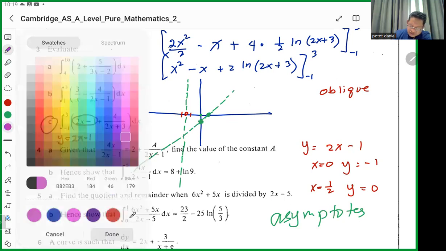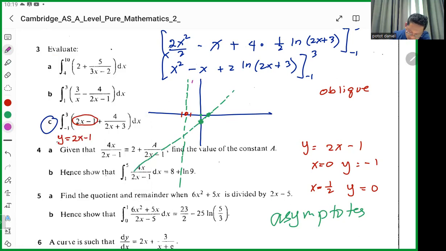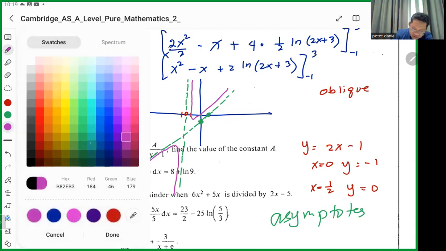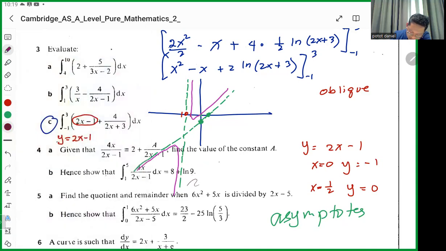The first possibility is that either it's here, okay? Or the other possibility, I'm going to use another color, is either this one and this one. So there are two possibilities, either the pink one or the brown one. But the question is, which is which?